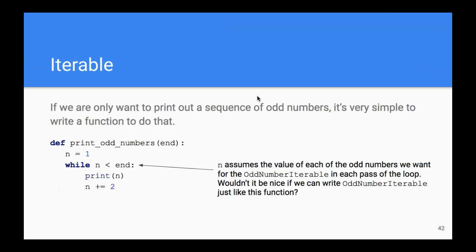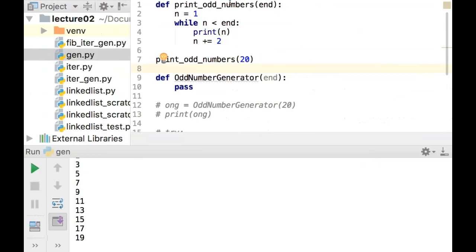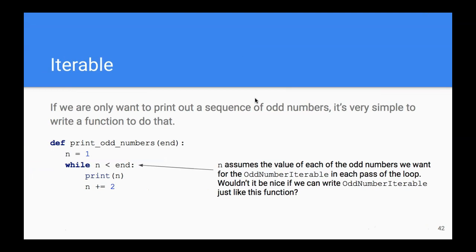So if all we wanted to do is to print out a sequence of odd numbers, we can very easily write a function to do that, right? This function takes no more than 5 lines. It's very simple. Wouldn't it be nice if we can turn this function into an iterable?